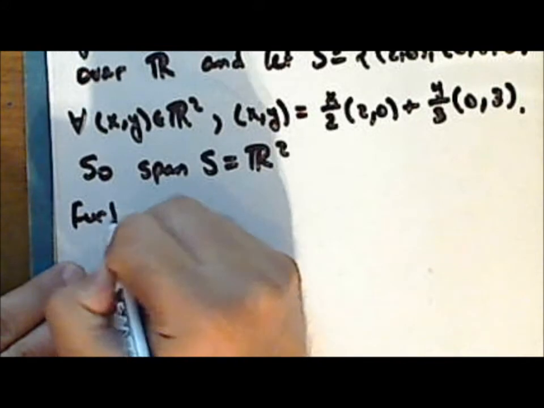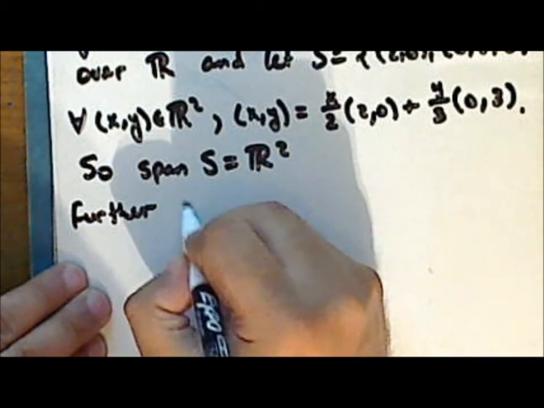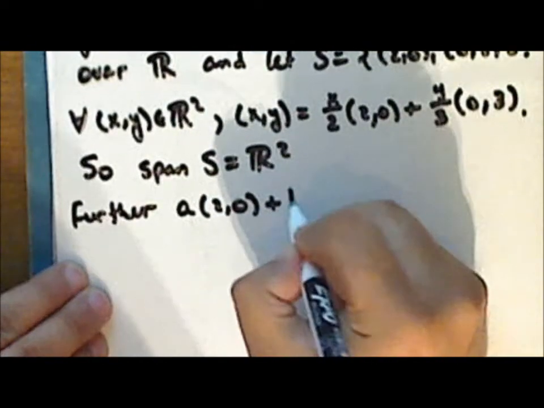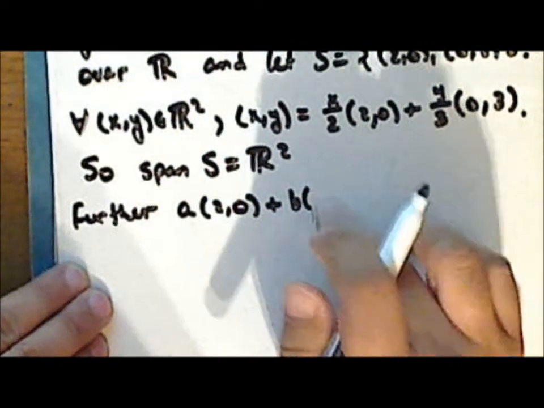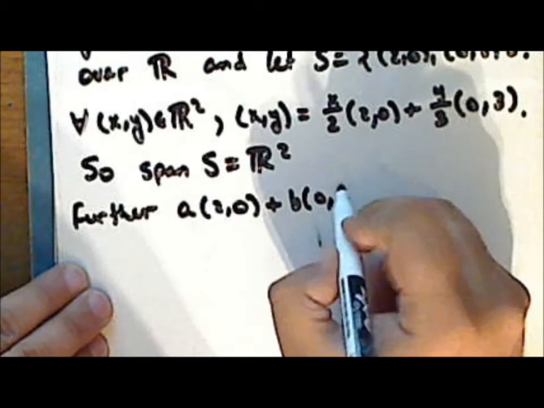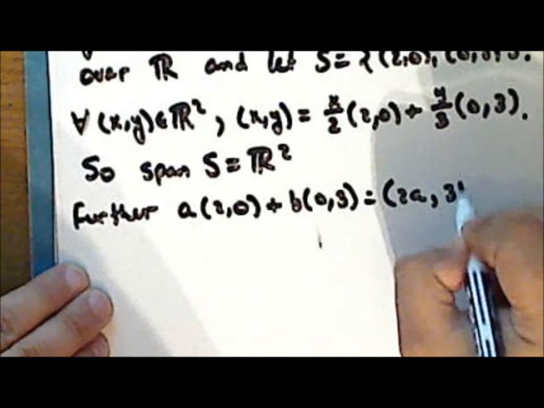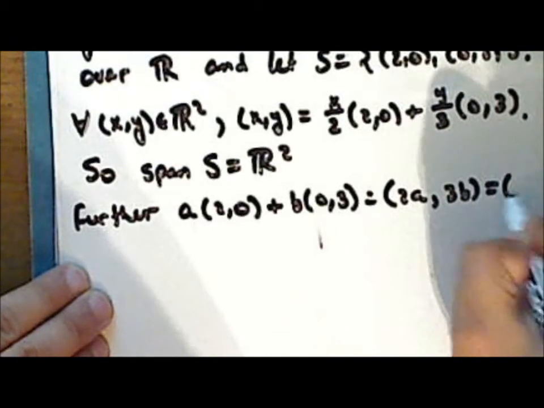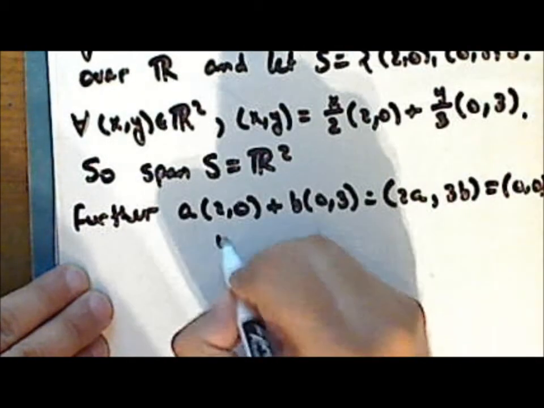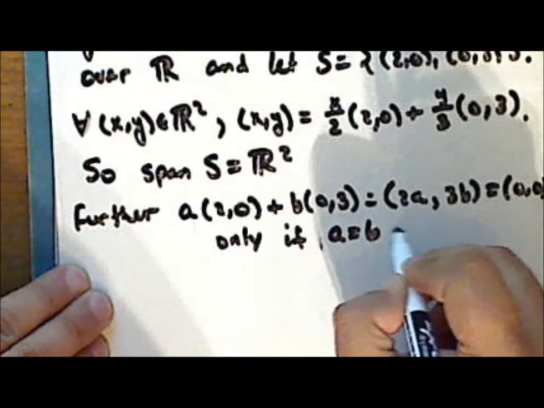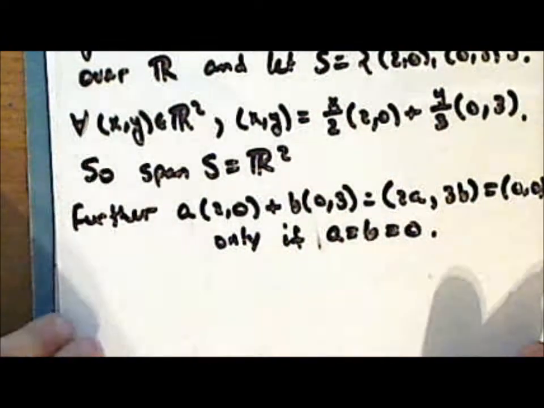Further, a linear combination of these vectors is the zero vector only if both scalars are 0.